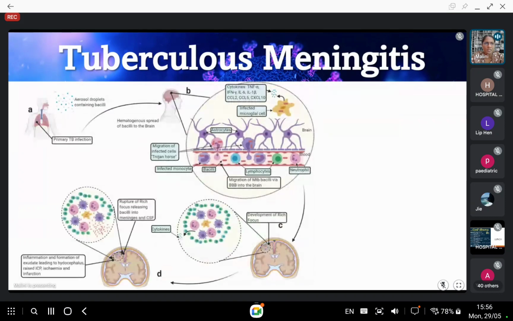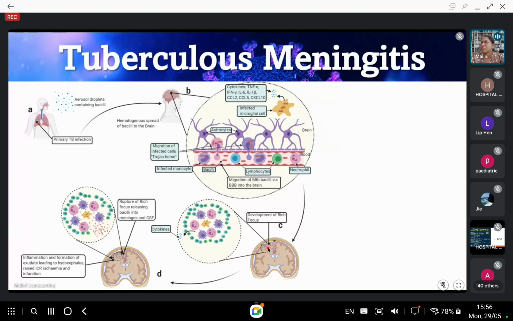So what happens in TB? Assuming we have a primary somewhere, there is hematogenous spread to the brain. It enters our brain and then migrates and forms a Rich focus of infection.